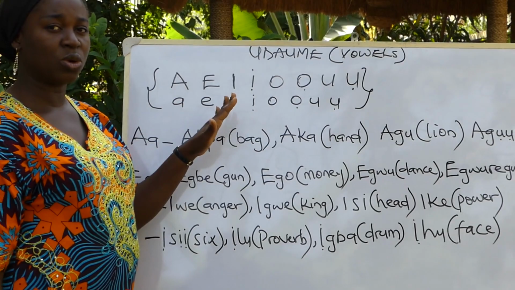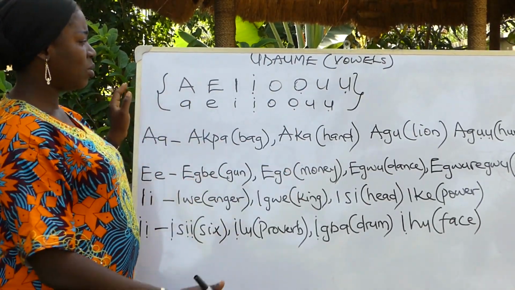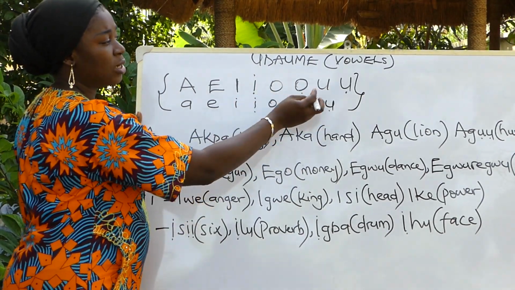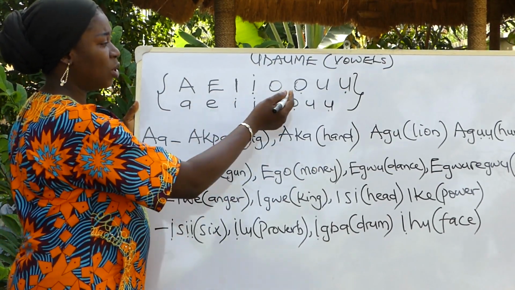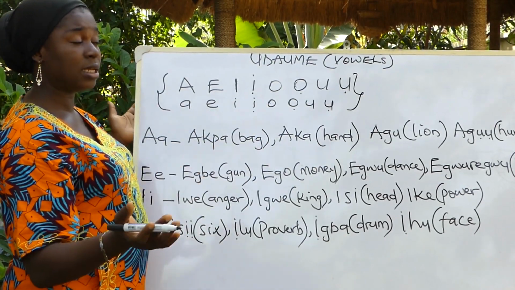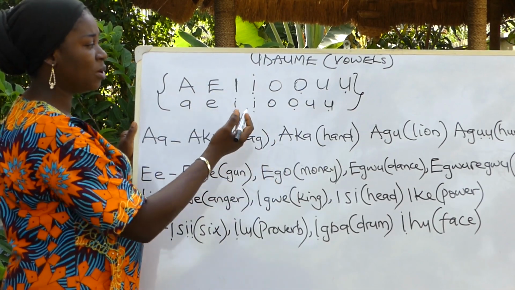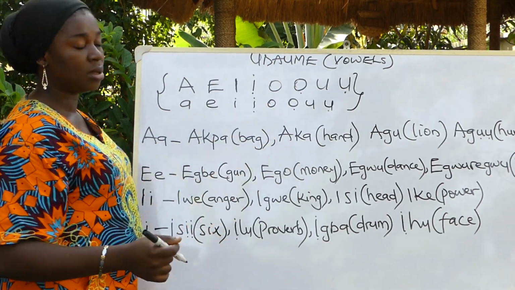We call it in Igbo the udaaro and udamfe. The udaaro are the ones with dots under. The ones that has dots under them, in Igbo we call it udaaro. And the ones that did not have dots, we call it udamfe. In English, it's long and short sound. The long sound are the ones with dots under, while the short sound are the ones without dots.